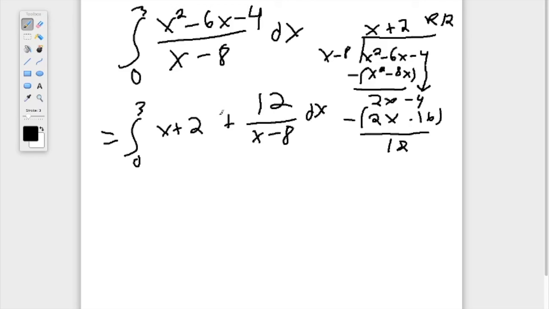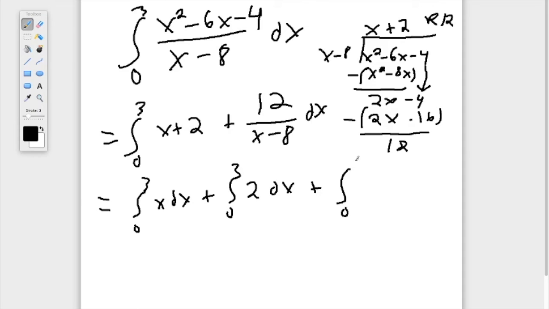And now it actually makes it a whole lot easier because all of these we could easily integrate. So let's split it up into 3 integrals, one for each term. So 0 to 3 x dx, and then plus 0 to 3 2 dx, and then plus 0 to 3 12 over x minus 8 dx.